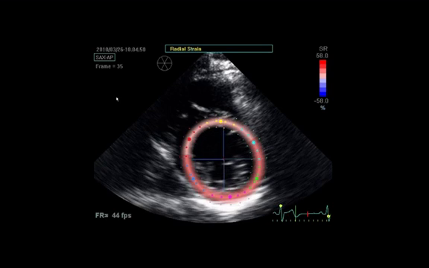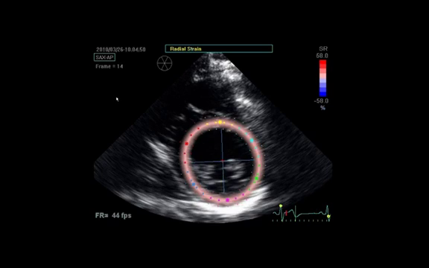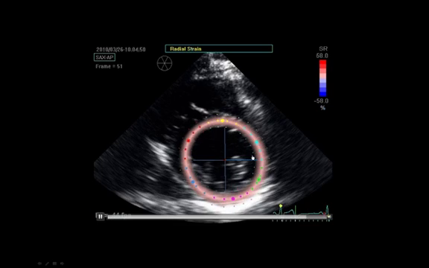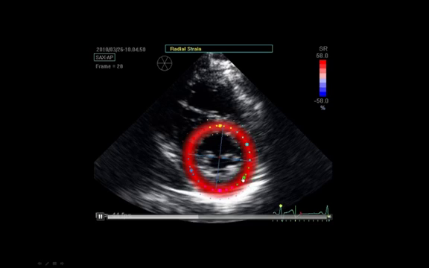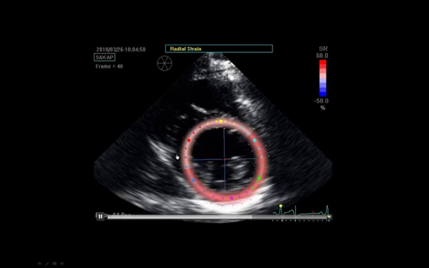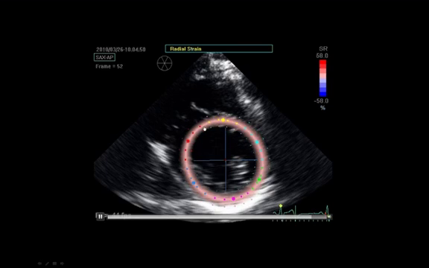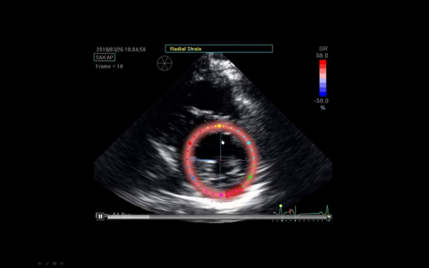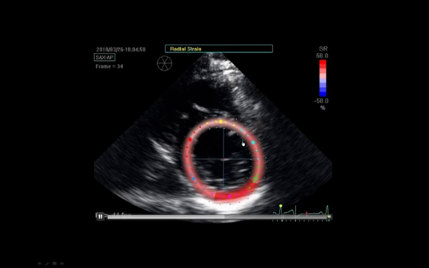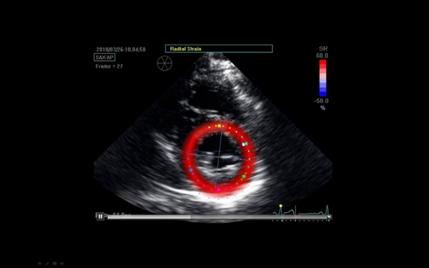Torsion is obtained with this type of image, when you get an apical and a base and apical short axis view. The image will look like this, and the system can process it really well. Obviously, it's very dependent on image quality.